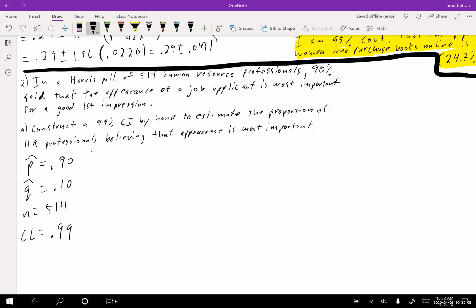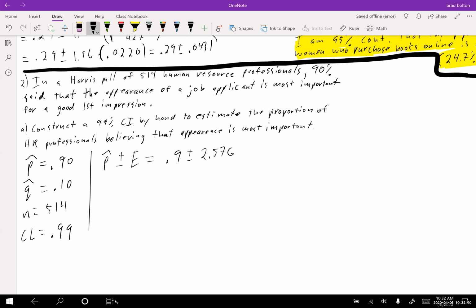So we're going to use this with our formula, p-hat plus or minus the error. So we are going to say 0.9 plus or minus z alpha over 2. Remember our formula to find the error, z alpha over 2. For a 99% confidence interval, we're going to use 2.576.